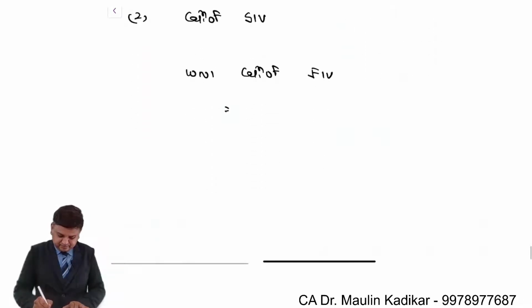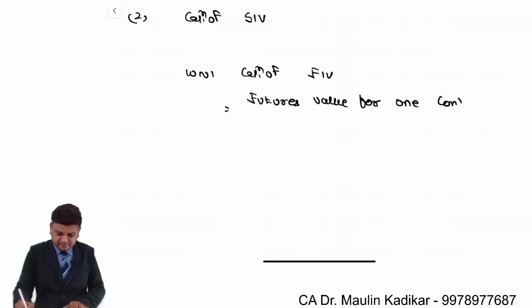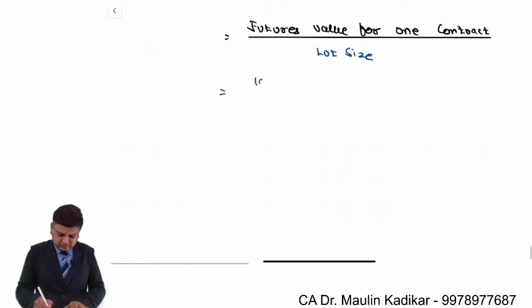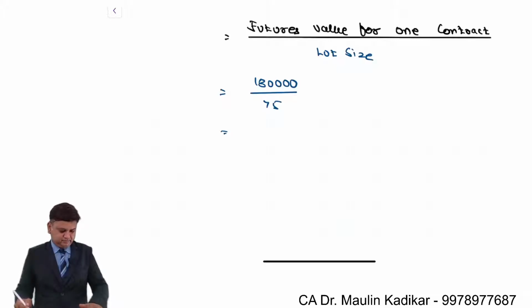In that, futures value for one contract divided by lot size. 1,80,000 upon 75. 2,400.